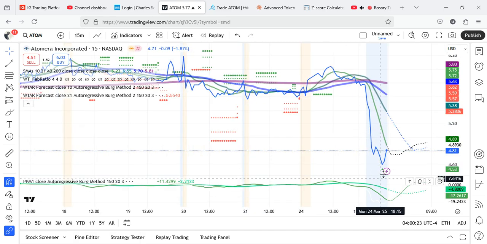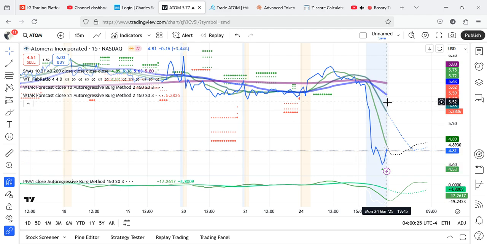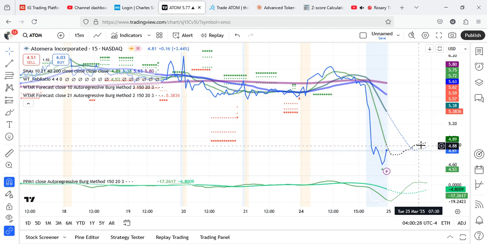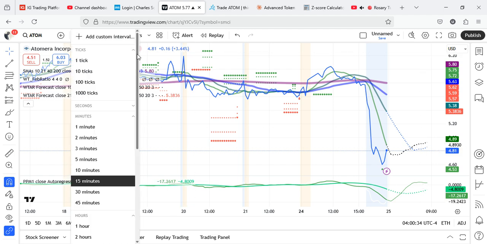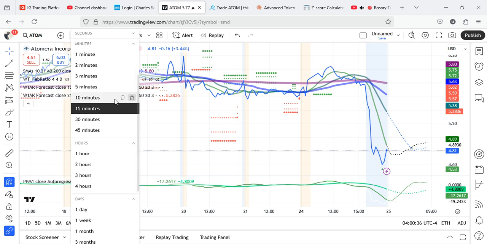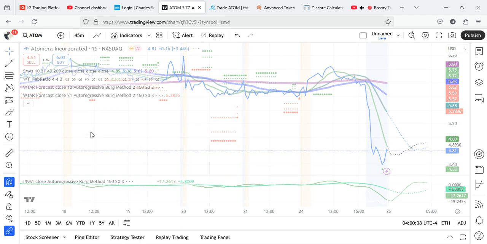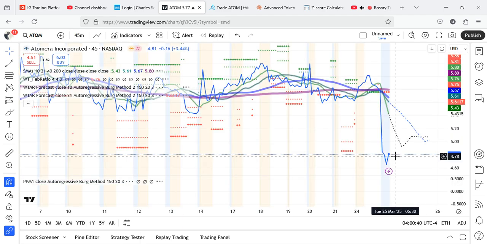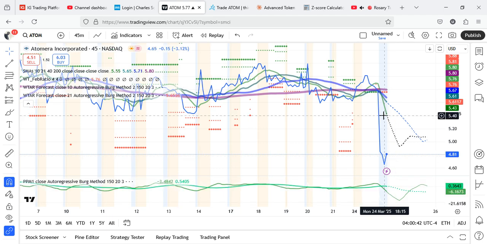Okay, on the 15-minute chart, we don't have anything. The extrapolation is to the upside for both the 10 and 21 period moving averages on this 15-minute chart. On the 45-minute chart, as things stand right now, it might be different by the time you watch the video, we have a rebound to the level it closed at, 5.76.